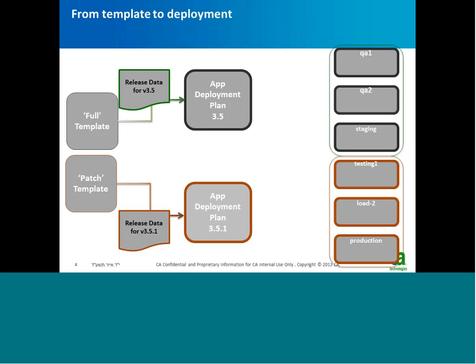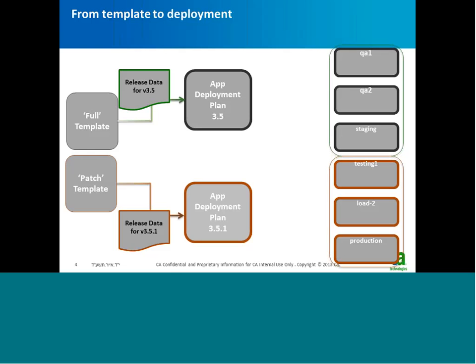If, for example, I have a generic deploy WAR step that knows how to deploy a selected set of WAR files, now I am associating the deploy WAR step with the specific set of WAR files that this step needs to deploy whenever it runs on a specific environment. So a deployment plan is the combination of the content and the logic.